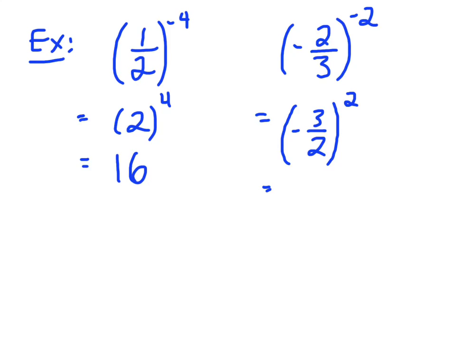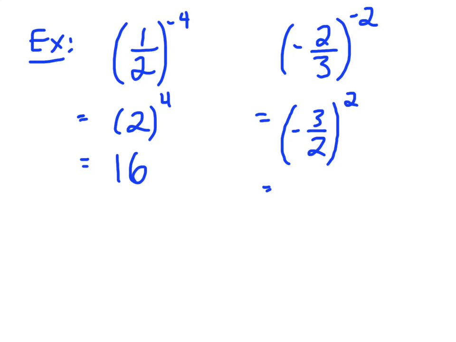Now, what you need to remember is that you're squaring a negative number, so it has to be positive. Negative 3 over 2 is the same as negative 3 over 2 times negative 3 over 2. Now if you're writing this step, you can decide which one is going to be negative, the 3 or the 2. It doesn't really matter.